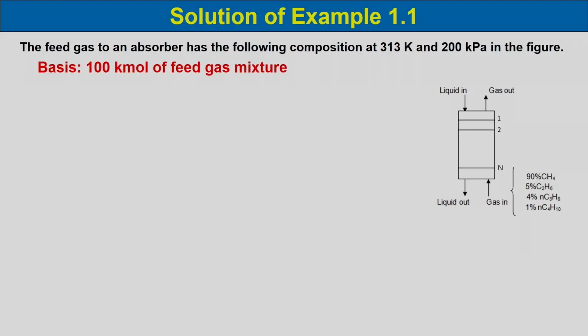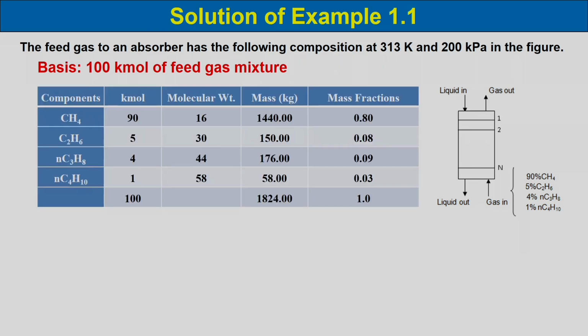To calculate this, let us take a basis of 100 kilomole of feed gas mixture. Out of 100 kilomole we have 90% methane, so 90 kilomole, ethane is 5 kilomole, propane is 4 kilomole and butane is 1 kilomole.